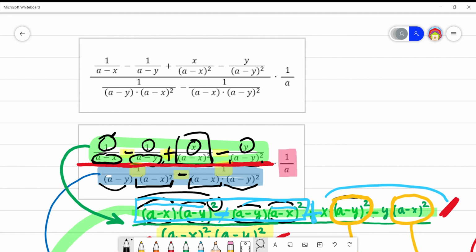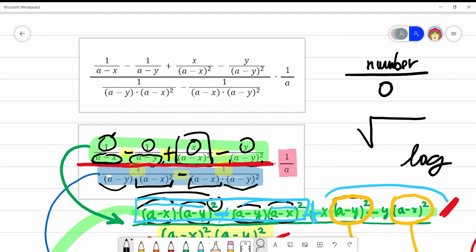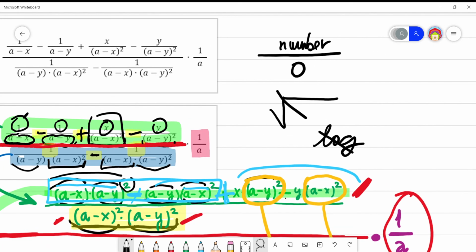Division makes problems because we cannot divide a number, whatever number it is, by 0. There will be problems with square roots and with logarithms, but don't mess with these, because in our case the only thing we need is to take care of divisions. That means no single denominator can be 0.